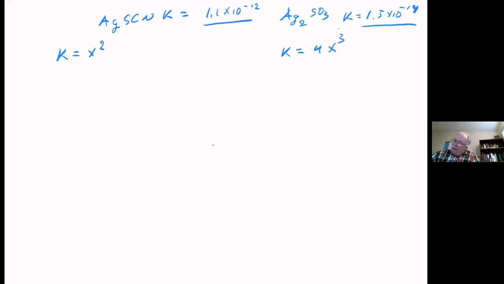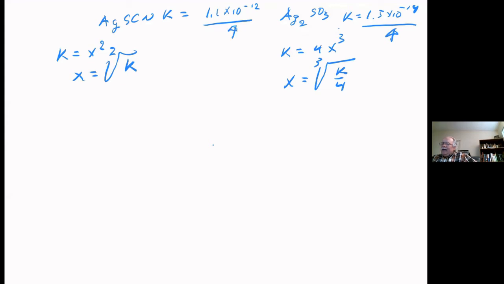So now I have x is equal to the square root of K, and here I have x is equal to the cube root of K over 4. Because the algebra is different, you can't just look at these.